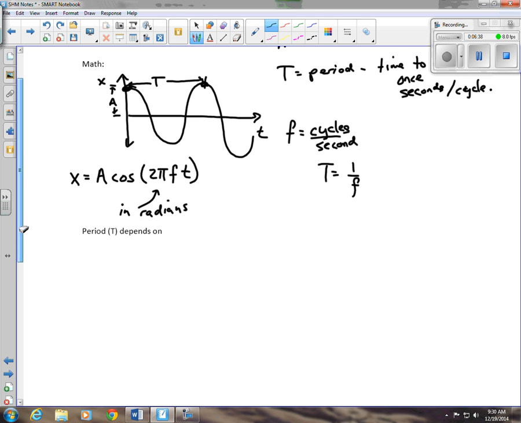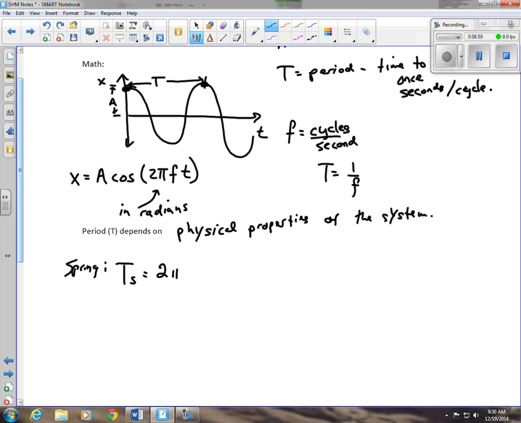Now, the period depends on the physical properties of the system. For a spring, the period is going to equal 2 pi square root of m over k.